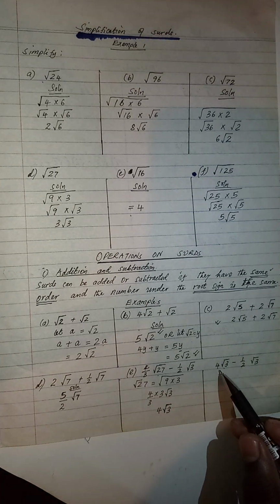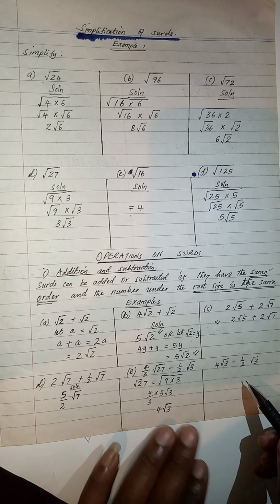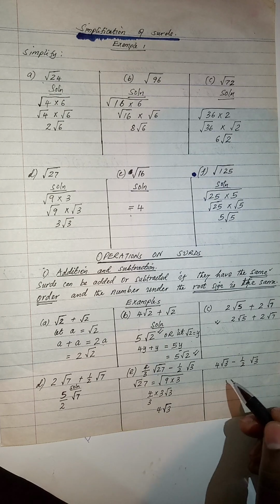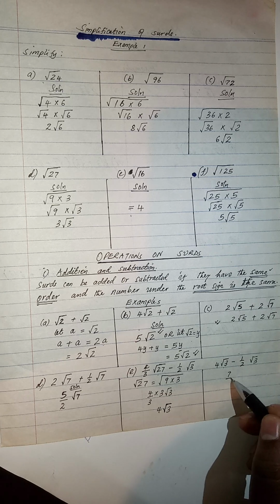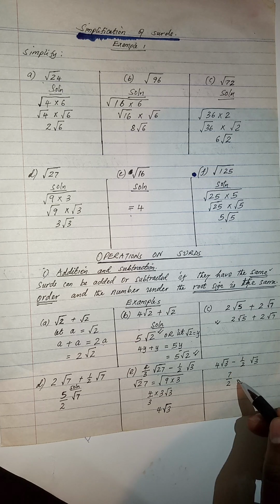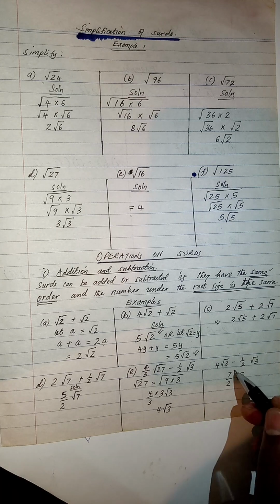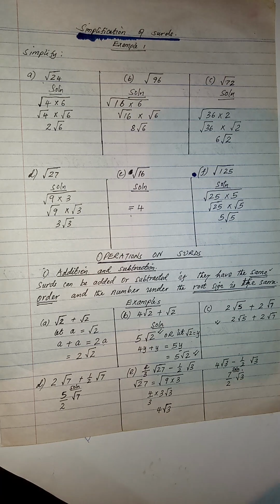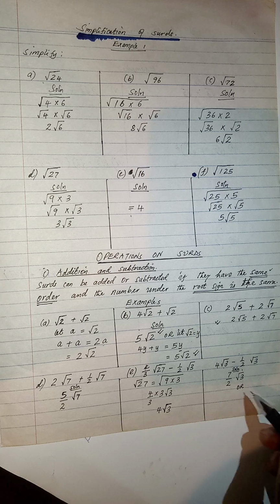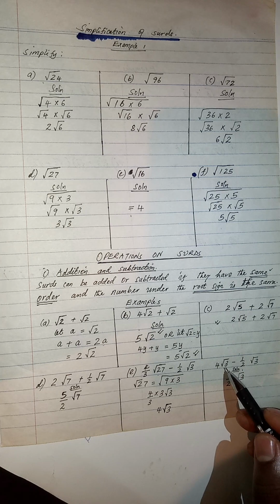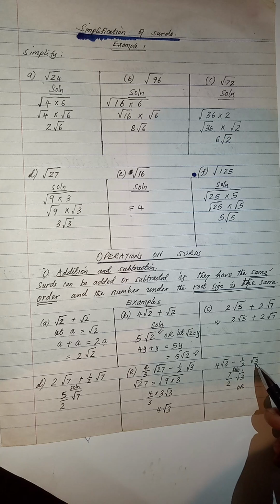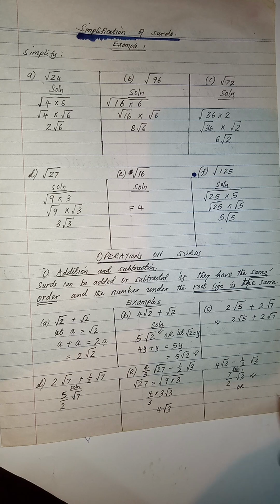When we subtract 4 minus a half, it will give us 7 over 2, then root 3. Or somebody may say that root 3 is the same as maybe a. So 4a minus a half a will give us 7 over 2 a, but the value of a is root 3, and that is our answer.